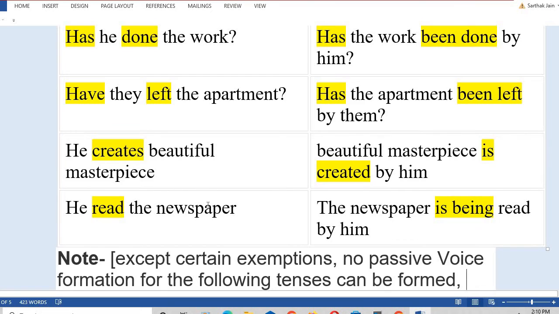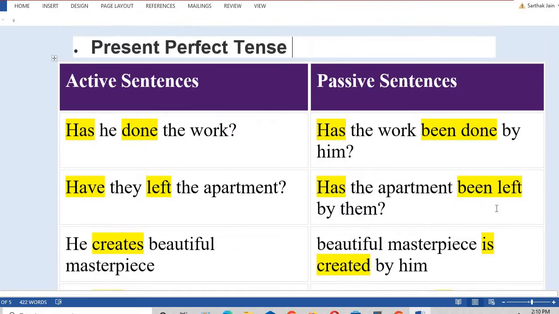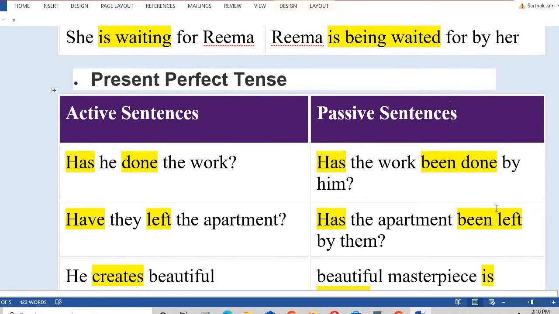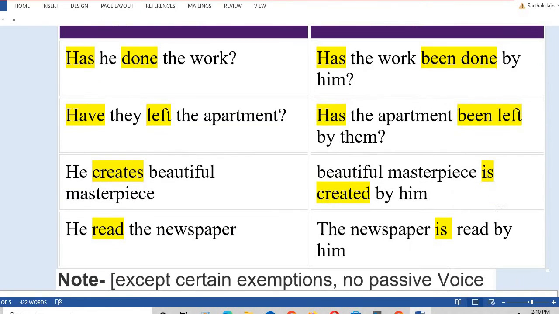Okay, he read the newspaper. The newspaper is being read by him. No, this is not correct. The newspaper is read by him. Just a minute, let me see what it has. This is present perfect tense. This example has been taken wrongly.